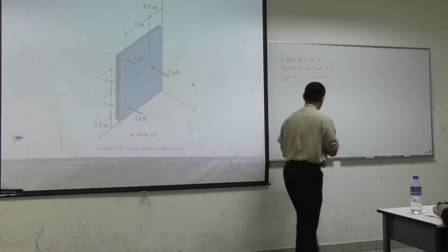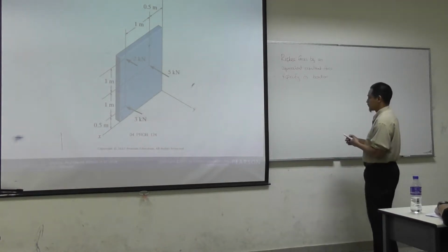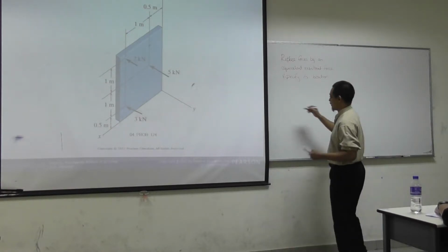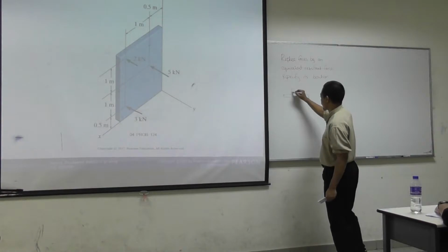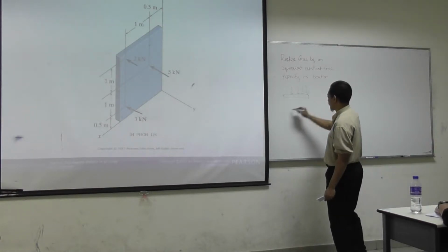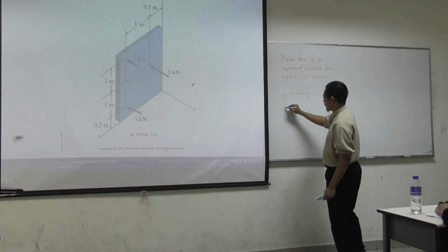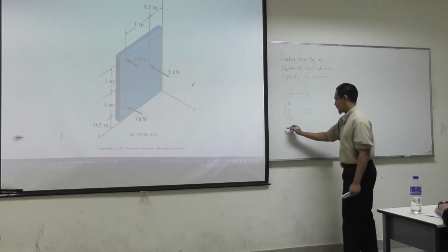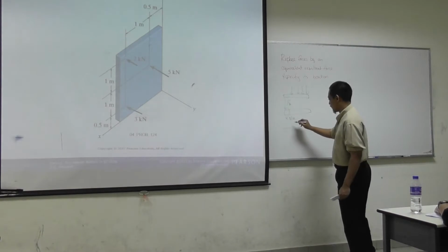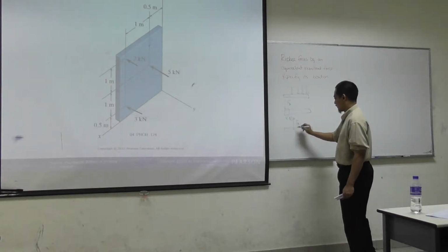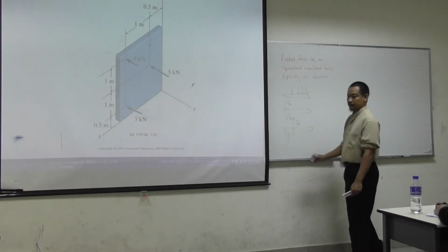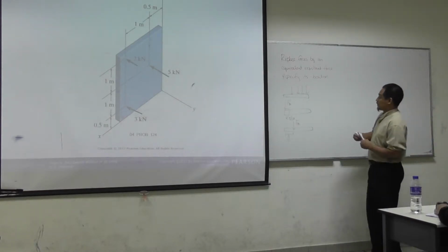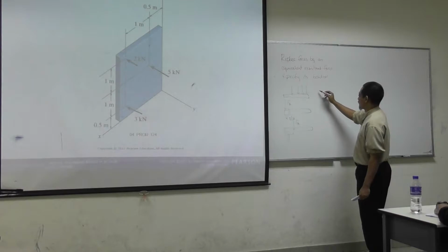So just to refresh, if we relate to what we have covered in 2D, normally if you have multiple forces, you have learned how to get FR and MR, and you have also learned how to replace them by just FR and its location. So the same concept applies here in 3D.